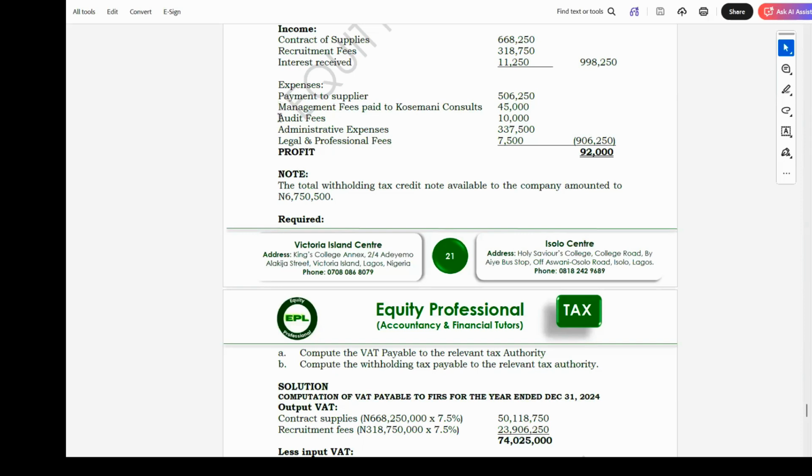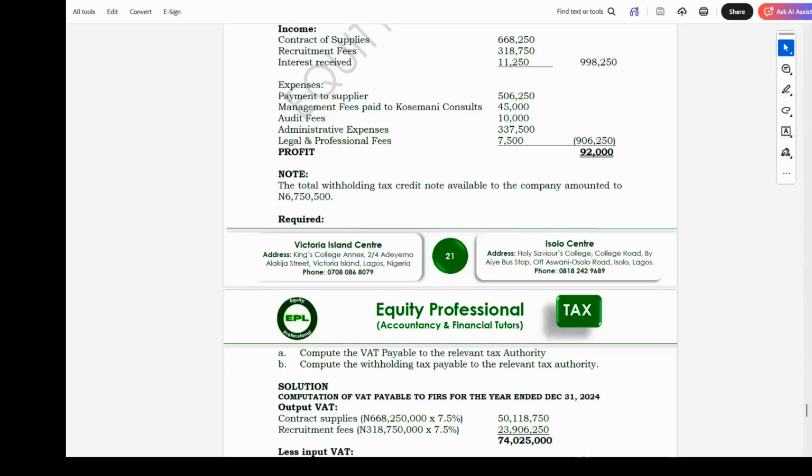Then audit fees: indirect, administrative expenses. Legal and professional fee: also indirect. So the only direct revenue expenditure we have here is payment to supplier.